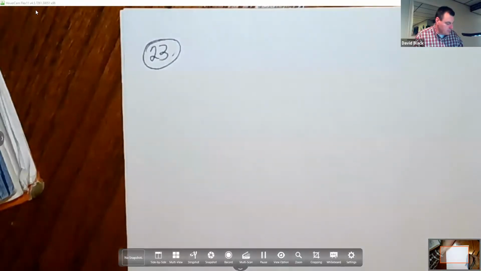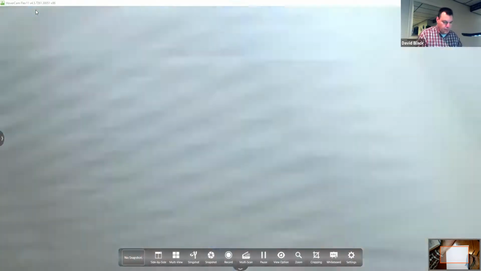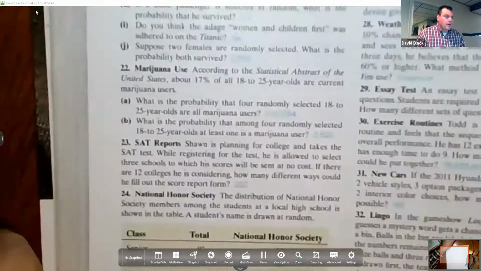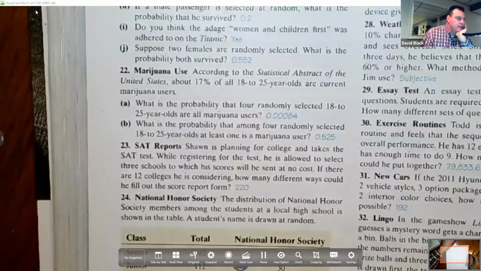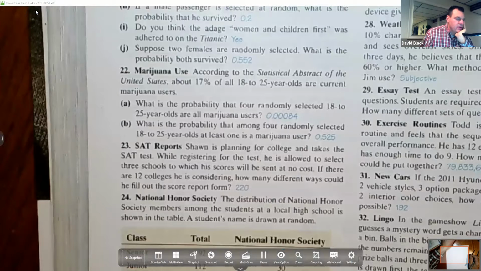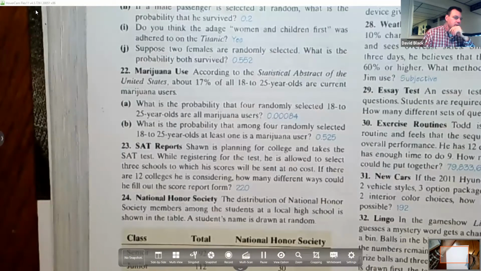Okay, let's go to number 23. Here we go. Sean is planning for college and takes the SAT test. While registering for the test, he is allowed to select 3 schools to which the scores will be sent at no cost.